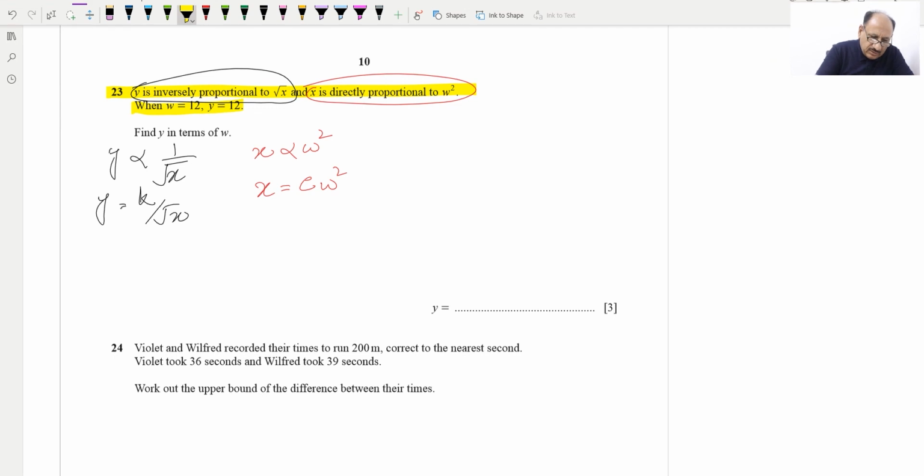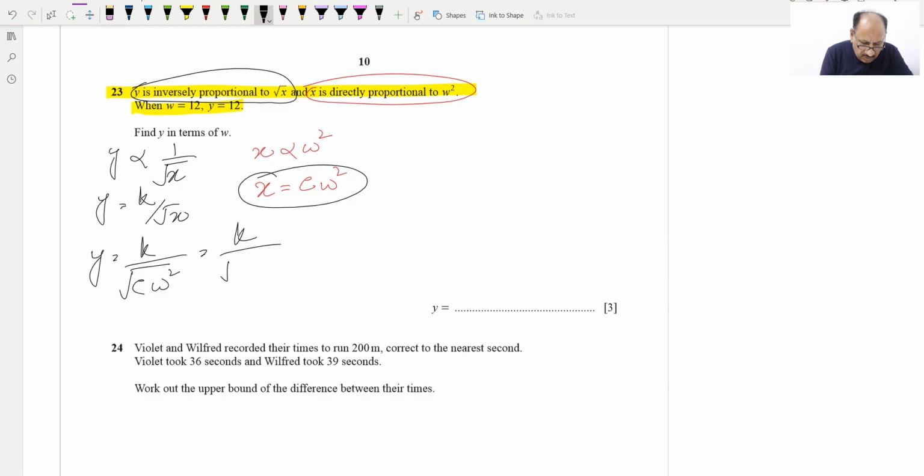So we can write y is equal to the x value. From here we can replace in this, and this will be k over the square root of c w squared, which we can write as k over the square root of c, and w will be outside the square root.